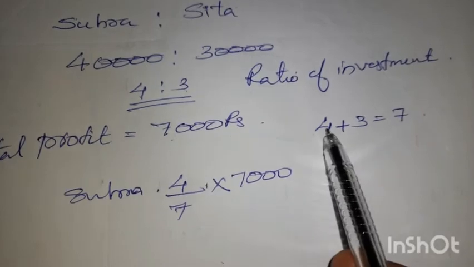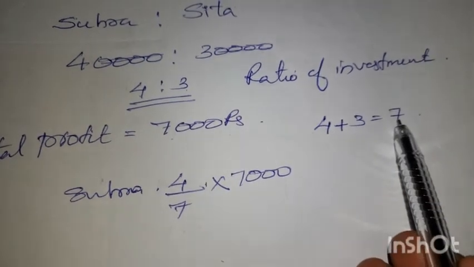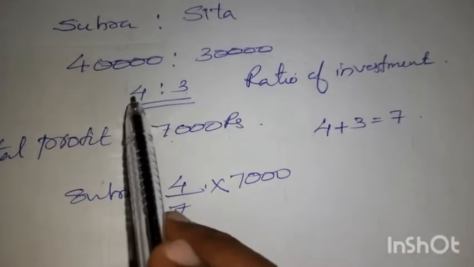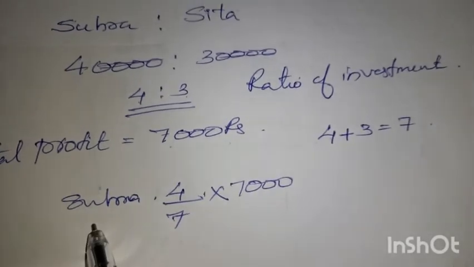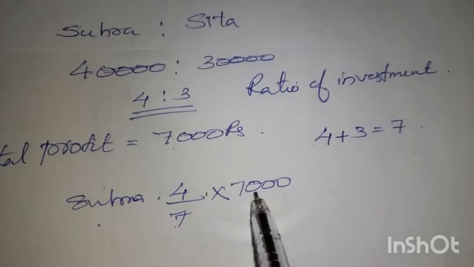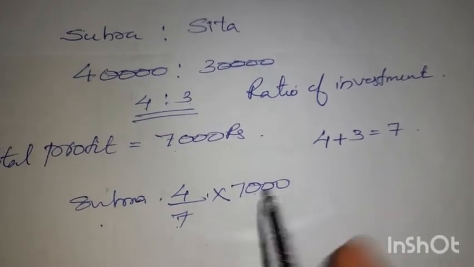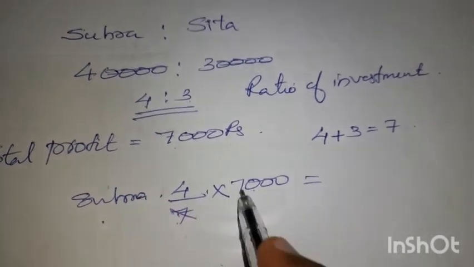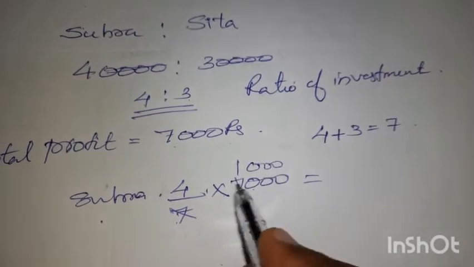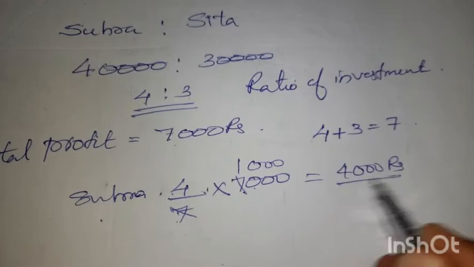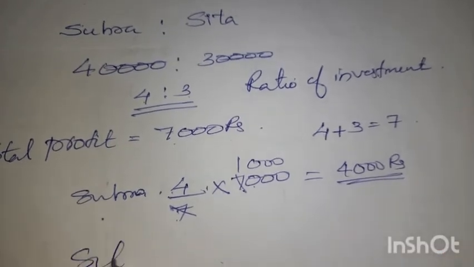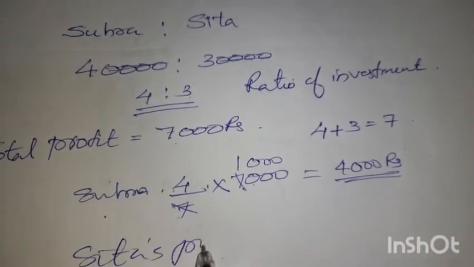Out of that 7, 4 part is for Suhra. So 4 by 7 into 7,000. 7 and 7 cancel, we will get 1,000 here. So 1,000 into 4 is 4,000 rupees. Then what about Sita's profit?